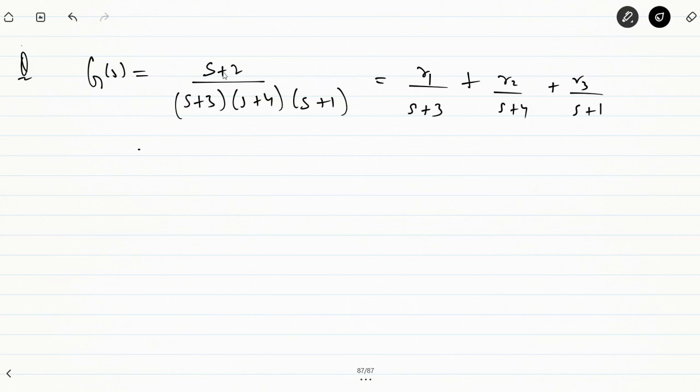क्योंकि यहाँ पे आपका numerator का order denominator के order से कम है, so we can directly write that this will be equal to r1 divided by s plus 3 plus r2 divided by s plus 4 plus r3 divided by s plus 1.